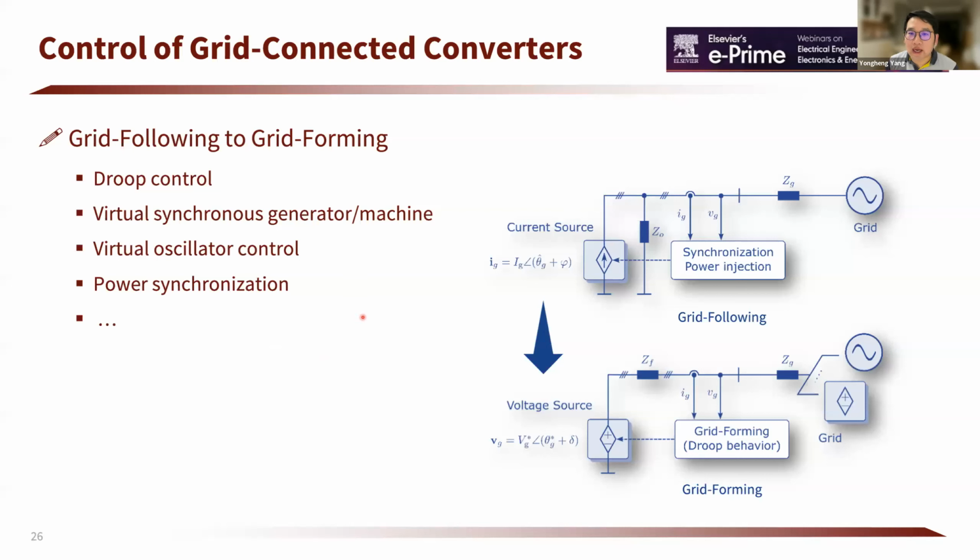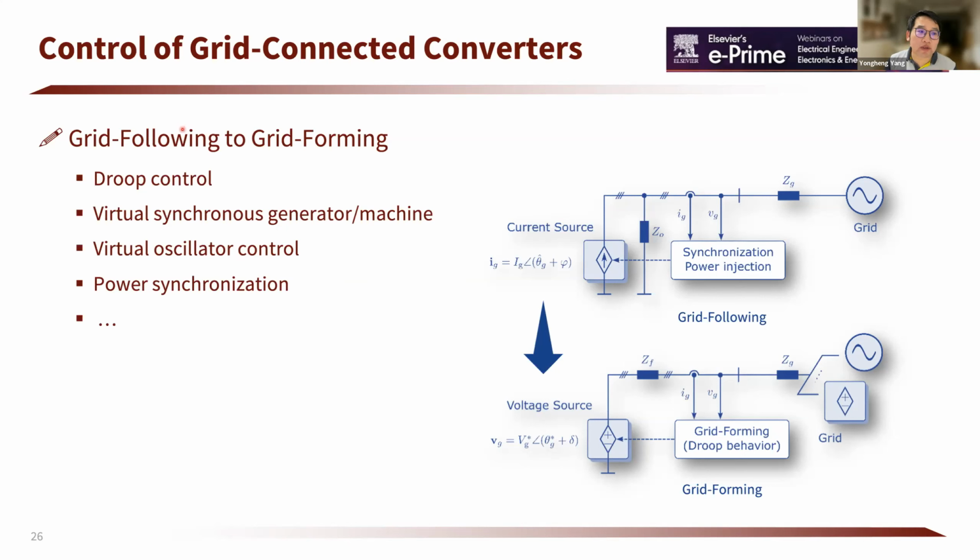But this is changing because we are putting more and more power electronics converters, that is static converter systems, compared to rotating machine-based generation systems. Then the control is shifting from grid following to the grid forming mode, which means the power generation system based on renewables is becoming much more active in the power grid.